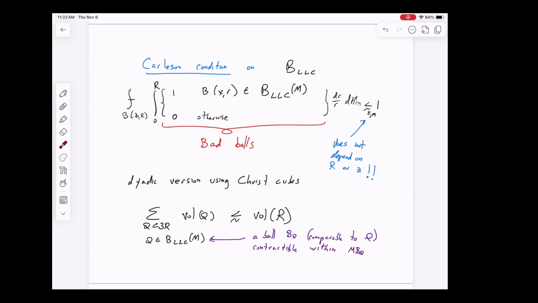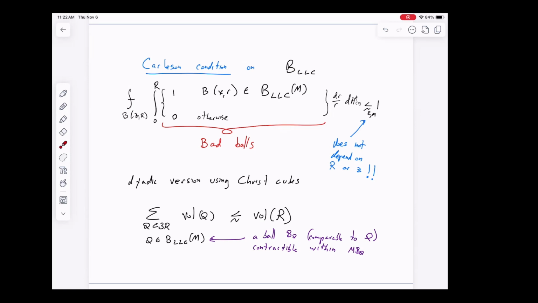Truth be told, we always end up working with a dyadic version of this. I think everyone in the audience knows about the existence of Christ cubes, and that you can always rewrite this in a dyadic way along Christ cubes on some tree.